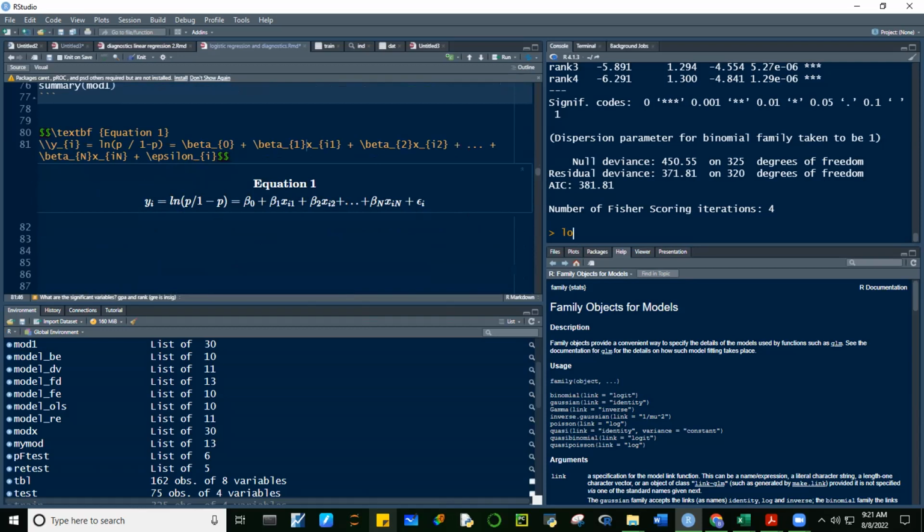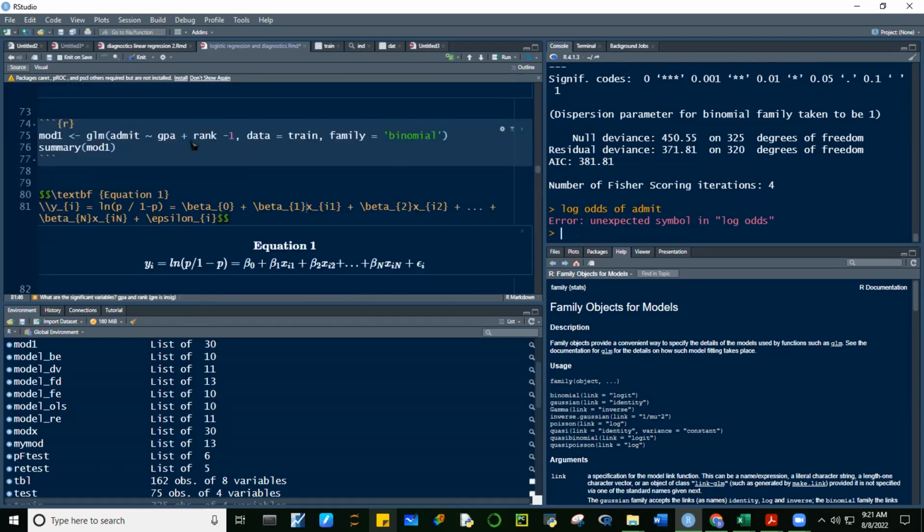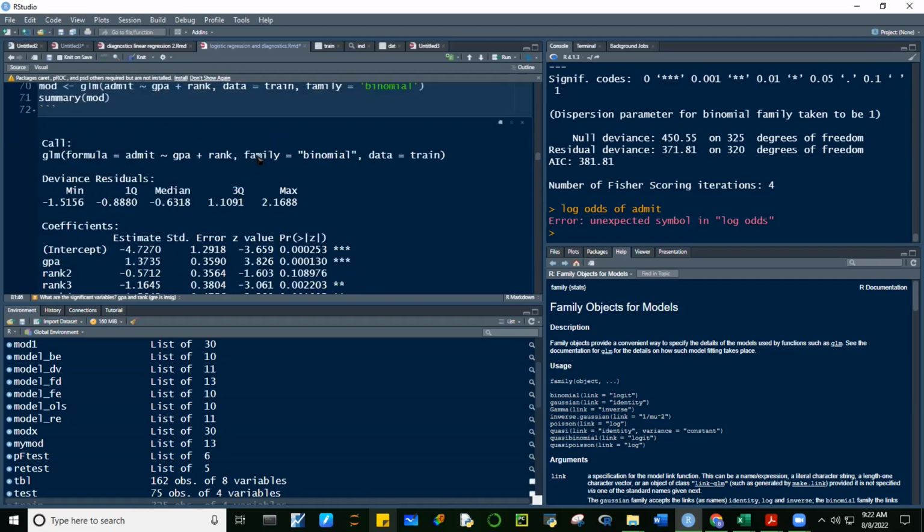Ano siya yung log odds ng admit? Take a look at this. No? Log odds ng admit. So when you're interpreting yung result ng binary logistic regression, it's not like yung sa regular regression na, okay, for every 1 unit increase in GPA, there's a corresponding 1.337 units increase in admit.